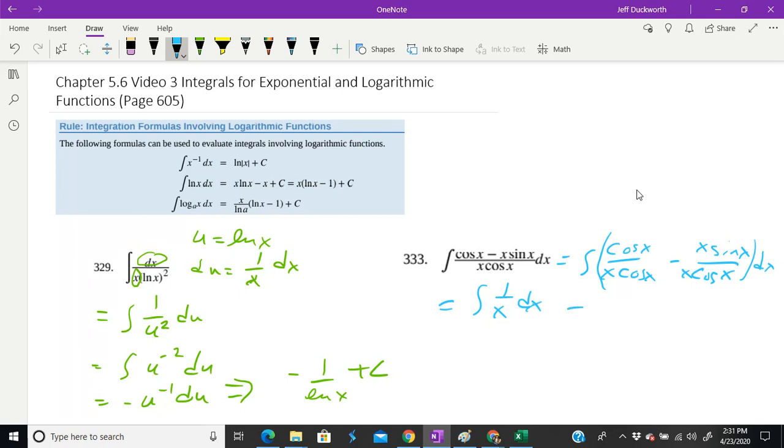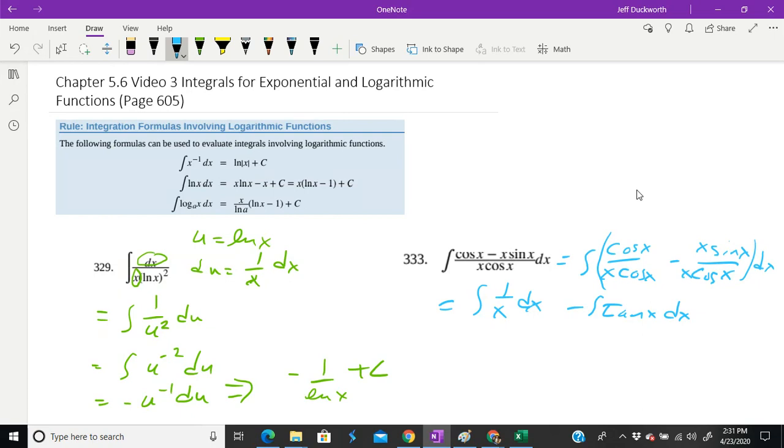And then, well, we have the x's cancel. Sine over cosine is simply tangent. So integral of tangent. Now, what do we do with this? Okay, so you know what?